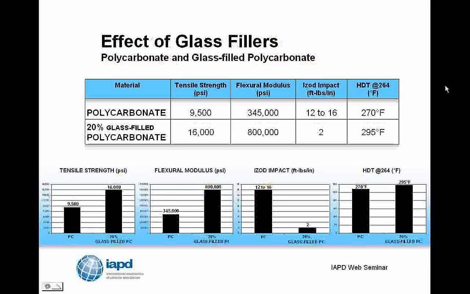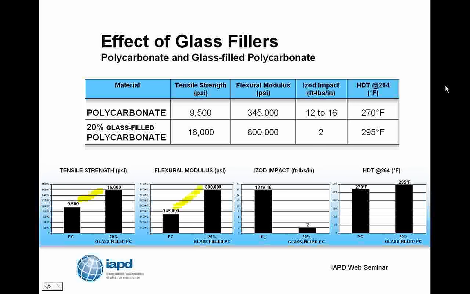So in this case, I've taken polycarbonate and glass-filled polycarbonate and compared them. Number one, I can see a huge jump in tensile strength when I add the glass, from 9,500 psi to 16,000 psi. Number two, I see a huge jump in stiffness. The polycarbonate went from 345,000 psi to more than double at 800,000 for the glass filled.